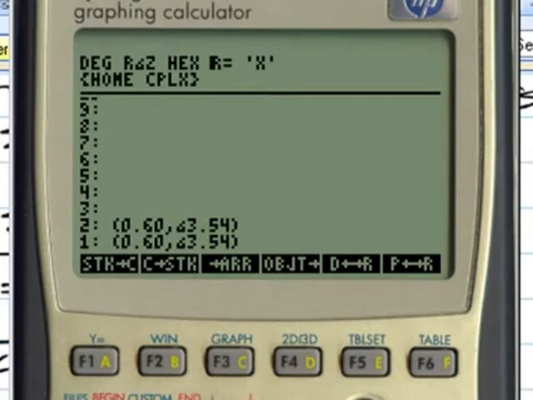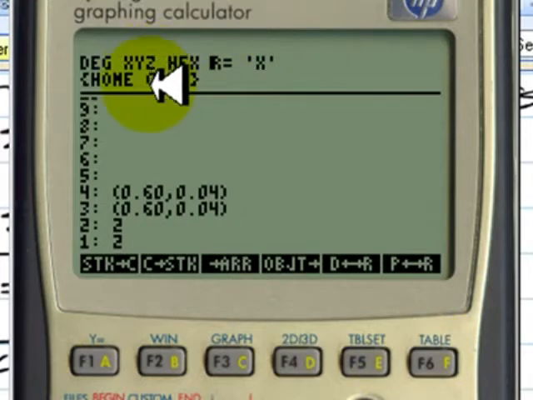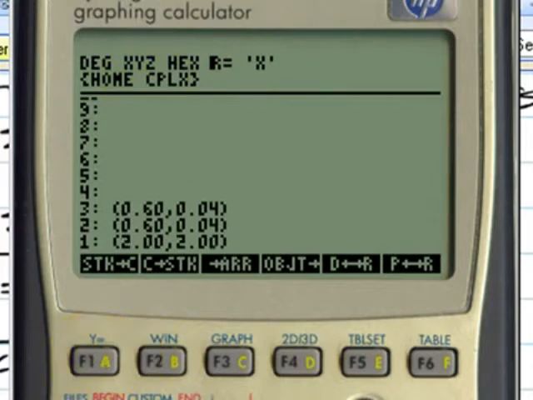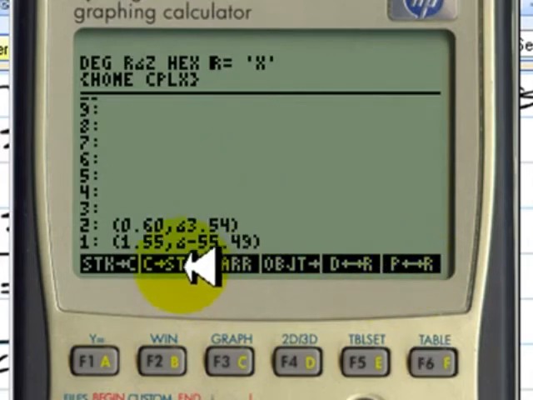That multiplies 2 + j2, but in rectangular mode. Multiply them. And then subtract from 2. I subtract that. And that is the voltage in the capacitor. In polar form, it is 1.55 volts with negative 55.49 degrees.